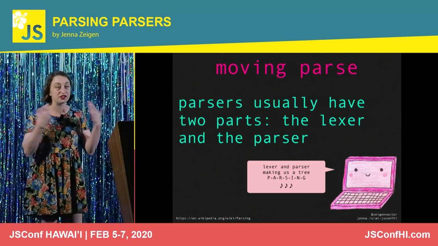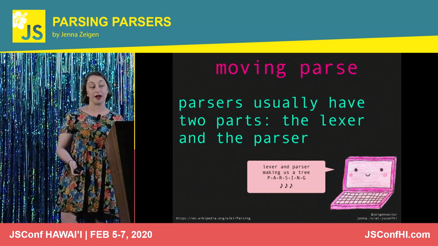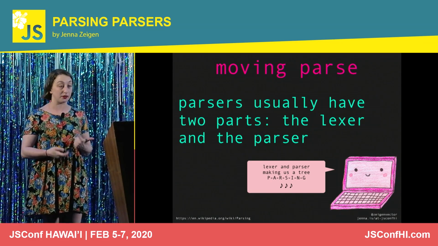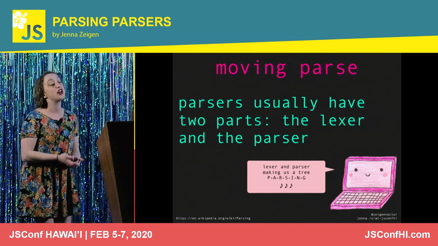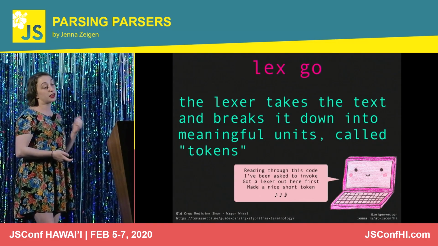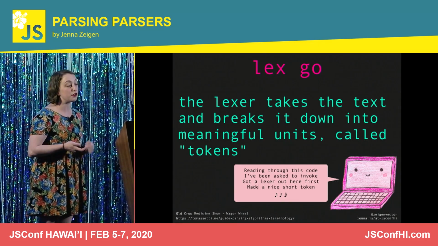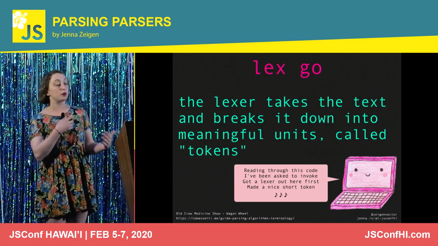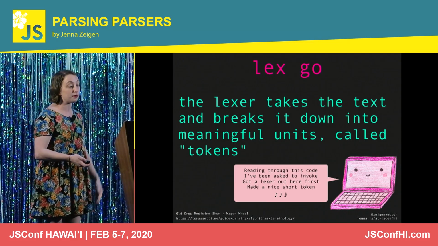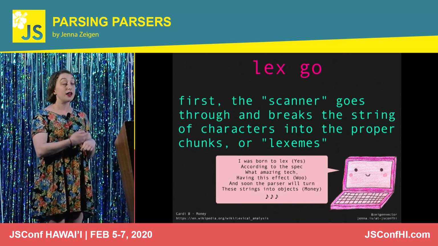Parsers, in general, when they're more complicated, they usually have two parts to them. They have a Lexer and a parser, which is the main event, because it takes on the whole word, right? So the Lexer is going to take the text and break it down into meaningful units called tokens. These meaningful units are going to be the words, the punctuation, etc. The first step in lexing is going to be the scanner.